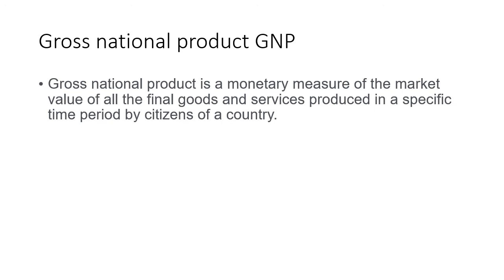So GNP means the earning of citizens in a specific period of time. Either they are earning within the geographical boundaries or outside the geographical boundaries. And GDP means the earnings within the geographical boundaries, either by the citizens of that country or by a foreign citizen or a foreign company.